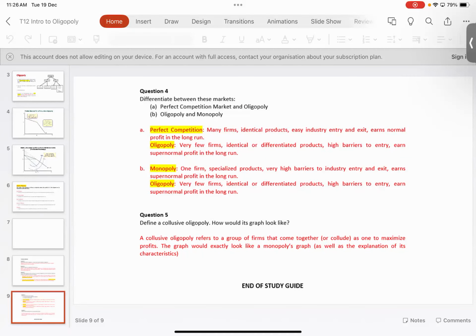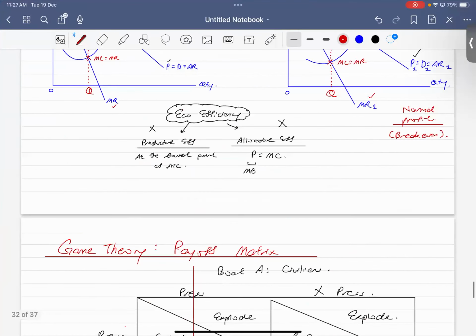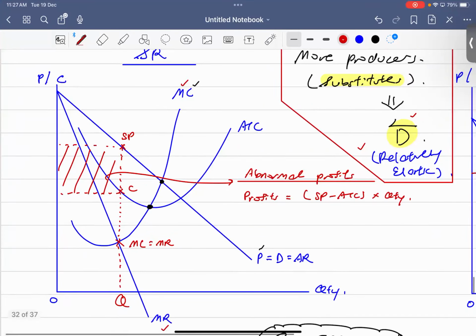And the last one, define a collusive oligopoly and how its graph looks. That means when oligopoly firms collude together to restrict the outputs and to mark up the prices, how does the graph look? When you want to show this graph, you just show it like a monopoly graph. Basically, that means they purposely reduce the outputs and mark up the prices.